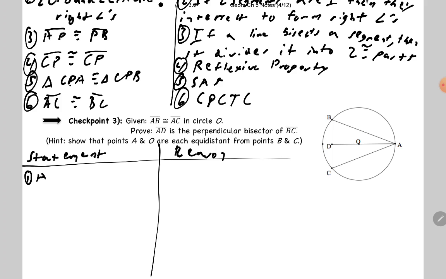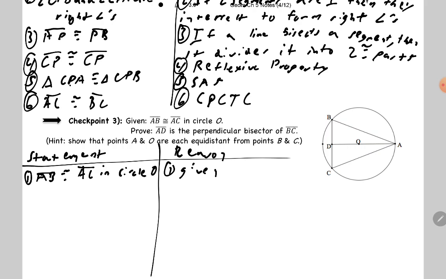So AB is congruent to AC in circle O. Given. Prove that AD is the perpendicular bisector of BC.